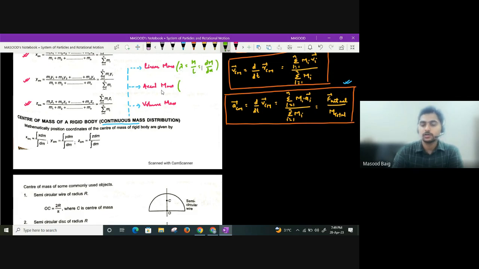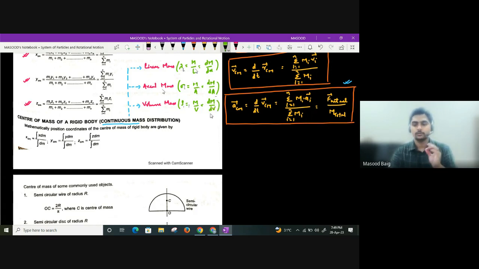Whenever we talk about areal mass, where mass is distributed in area, we will bring into existence a quantity called surface mass density or areal mass density. It is given as mass per unit area for the entire object. If I take a small element, we will write it as dm divided by dA. In the same manner, whenever mass is distributed in volume, we will talk about volume mass density. It is given as mass per unit volume for the entire object. For a small element, you can write it as dm divided by dV.